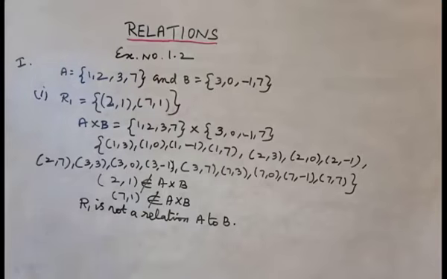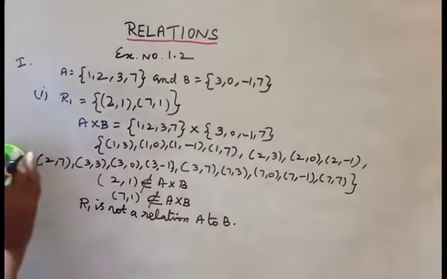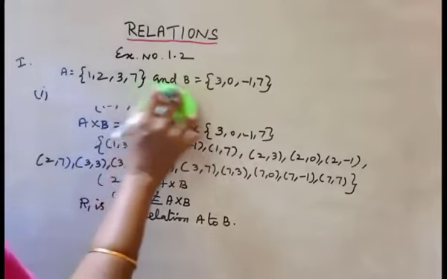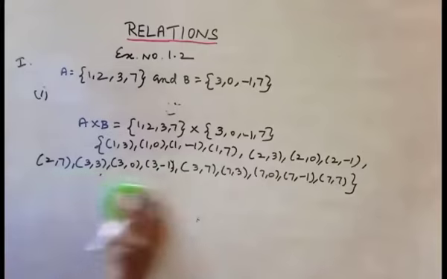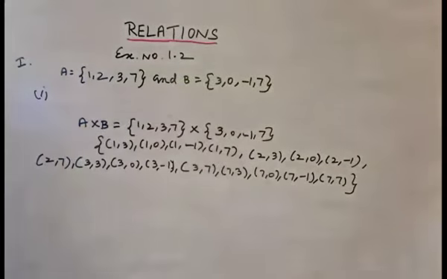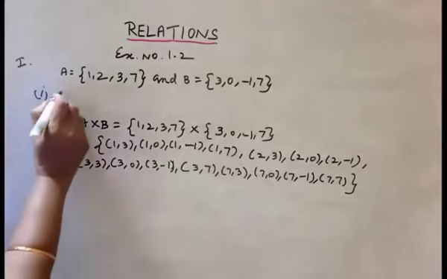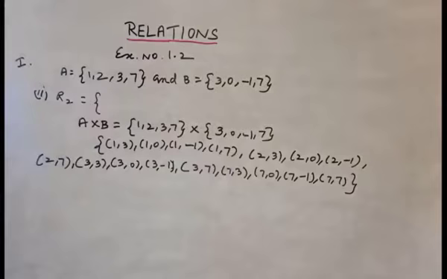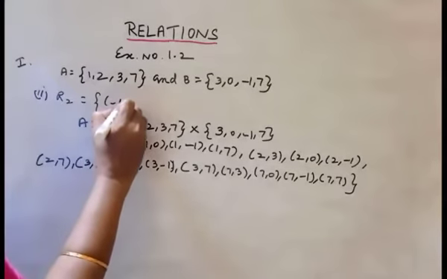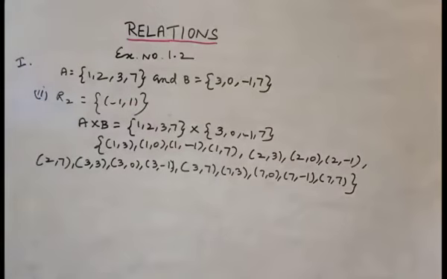Okay, next, second sum. R2 equal to {(-1, 1)}. You see, does the ordered pair (-1, 1) belong to A cross B or not?